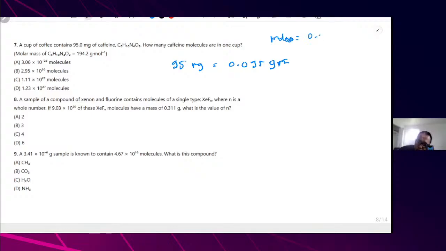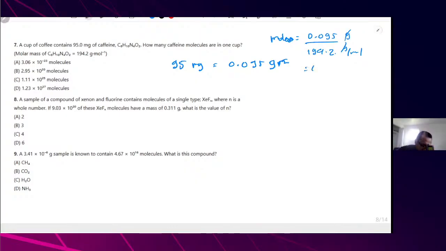So 0.095 per Mr. Remember, this is gram per mole, so we'll end up with the moles. And then divided by 194.2.